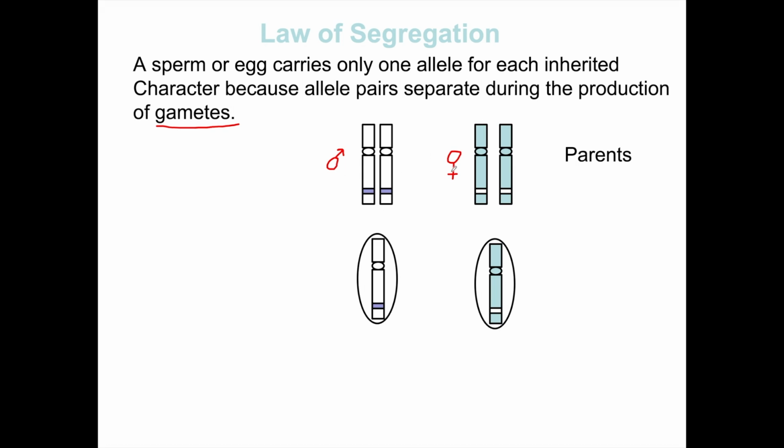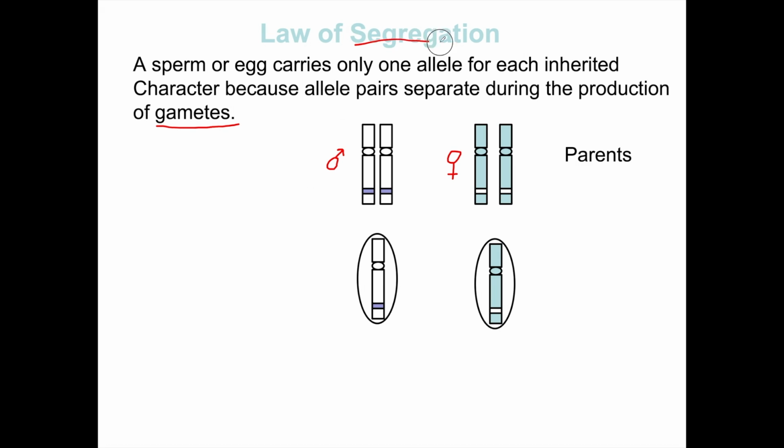And when sperm or egg are produced, even though parents have 2 copies of each gene, they only pass on one of them to the sperm or egg. So that's all the law of segregation means.